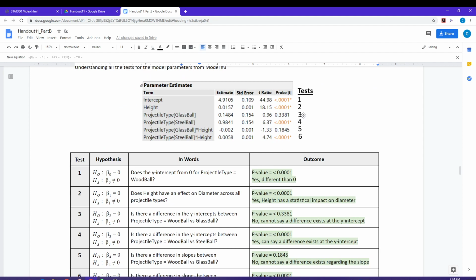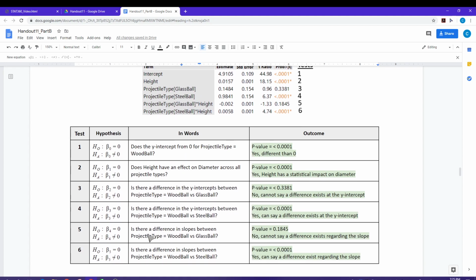Test number 3 is just determining whether or not I got a difference in the y-intercept between glass and wood. Remember, this is going back to the base setting, glass versus wood here. This projectile type glass ball times height, that would be checking whether or not the slopes between the glass ball and the wood is different from one another.